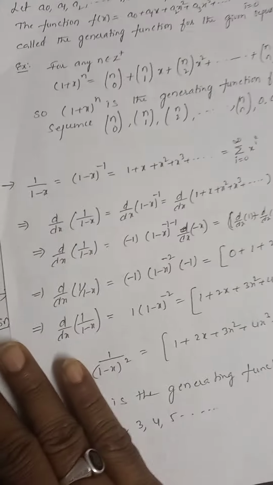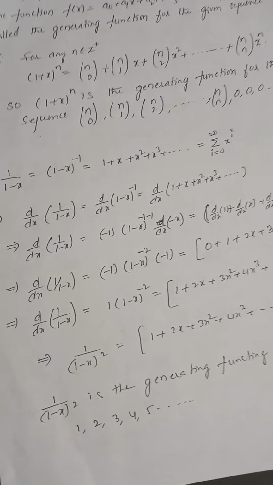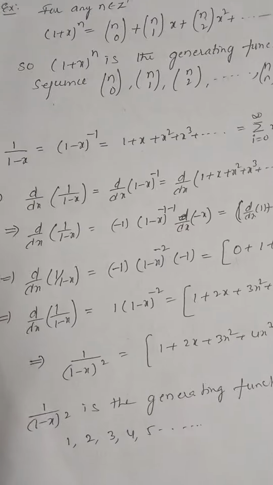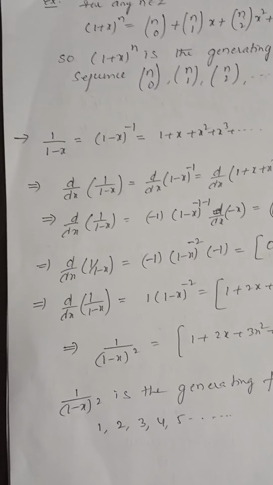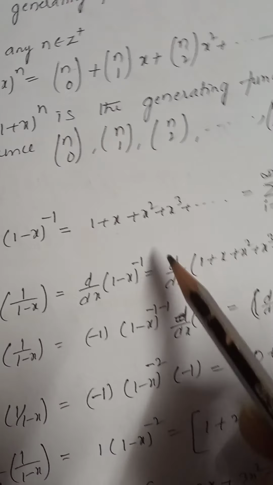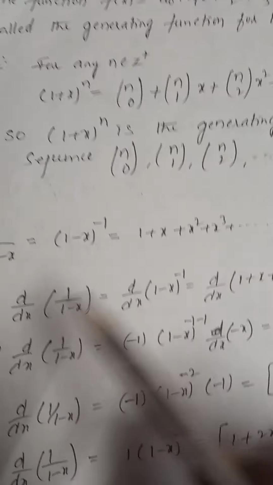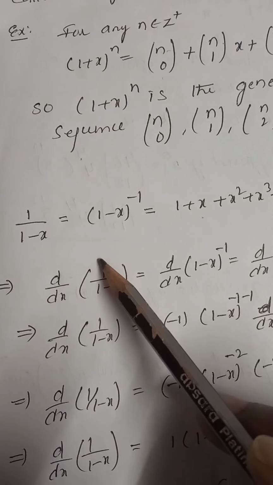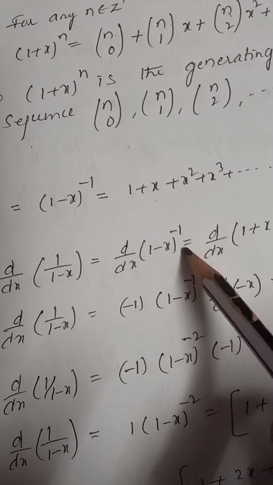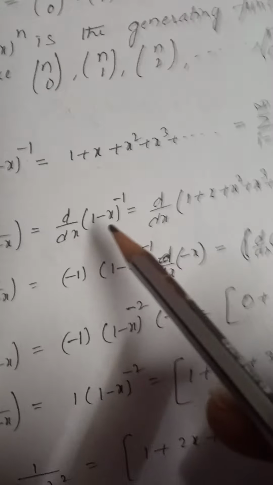Now here there is first order differentiation, that means ordinary differentiation with respect to x. Differentiating the given series with respect to x, we get d by dx of 1 by 1 minus x is equal to d by dx of (1 minus x) whole to the power of minus 1.